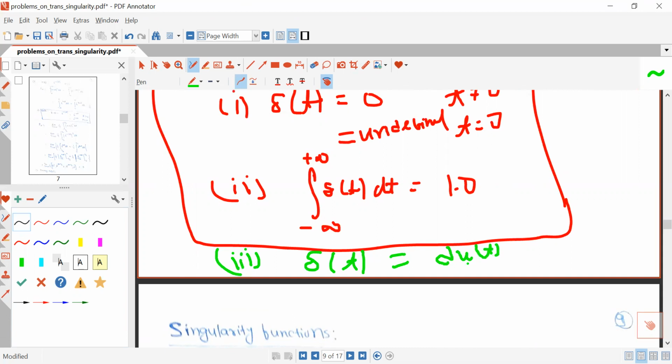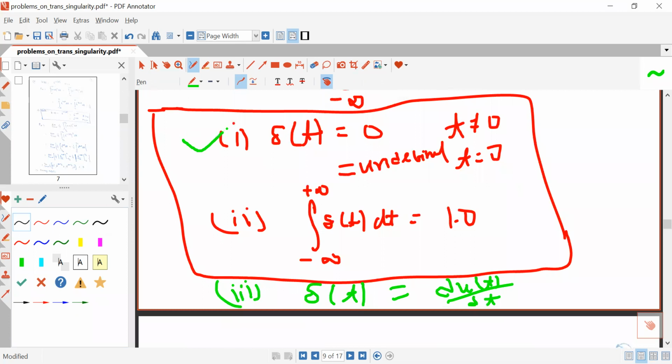So in this way, there are three ways through which you can represent the unit impulse function. One, its amplitude will be 0 everywhere except at t equal to 0 where it is undefined. Or you can define the impulse signal by its area: the area of the unit impulse signal will always be 1.